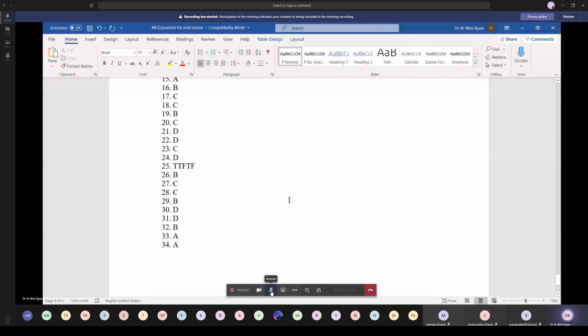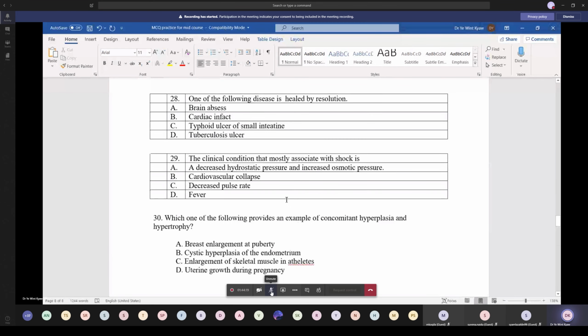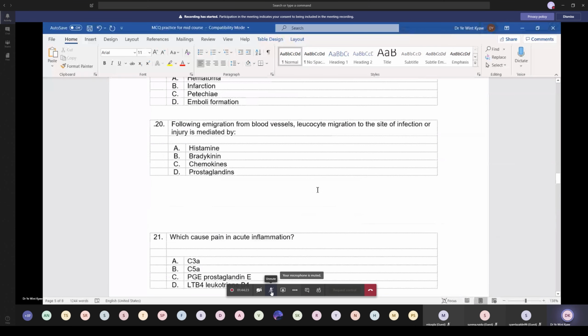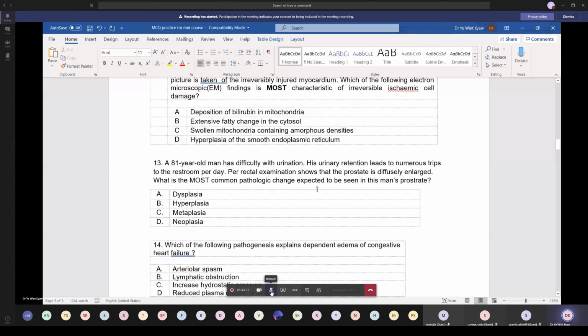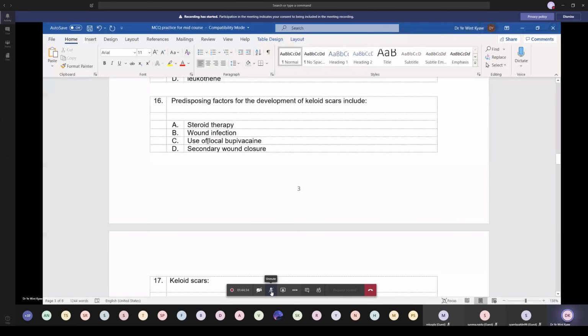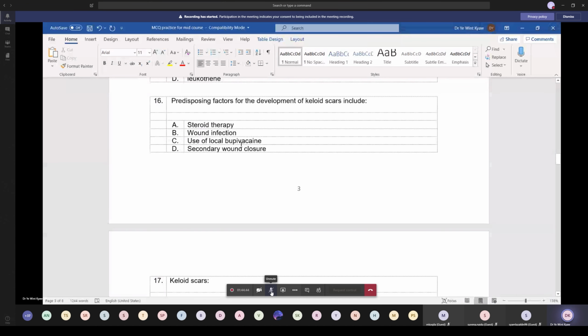The keloid SAM questions are not too good. For my keloid, the question is not too good, so I have not given you practice on it. I'm not lying, it was taken from one book, but I need to modify the question. You can still practice SAM, but the SAM answers are quite doubtful for me. So practice the predisposing factors for keloid scar via books only.